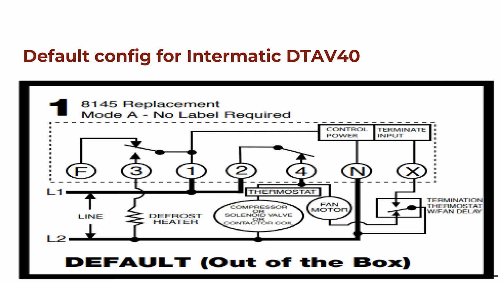So that's this guy right here. We can see power from L2 is feeding the common terminal on this thermostat, and in cooling mode it is closed and allowing power to the fan motor here. So your evap fan will run.